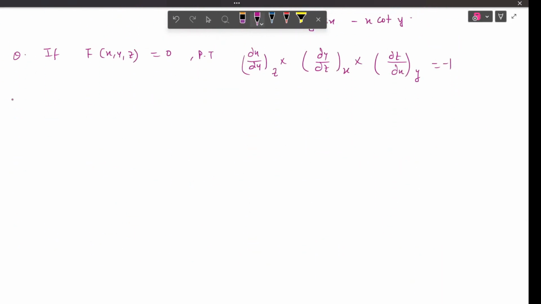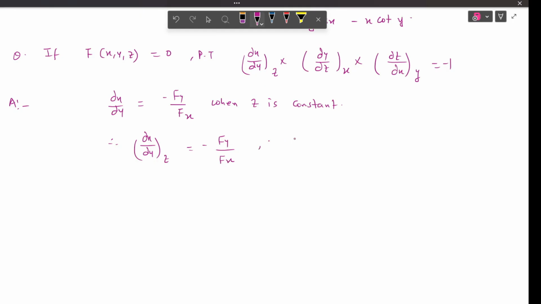So from theorem 2 we can say that delta x upon delta y, when z is constant, is minus f of y by f of x.